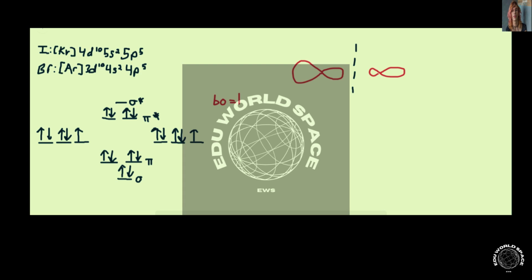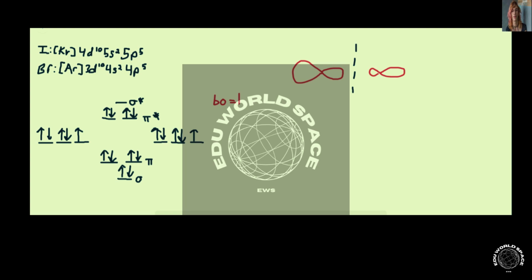So part D: what is the label for the molecular orbital sketched below? These orbitals are sigma bonding and anti-bonding orbitals formed by the sigma bond.